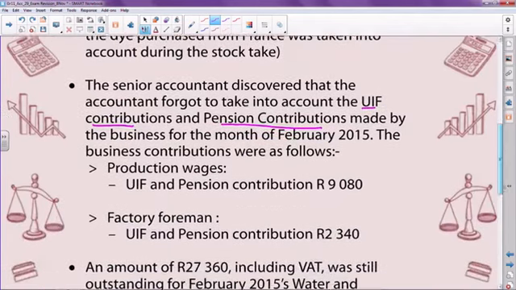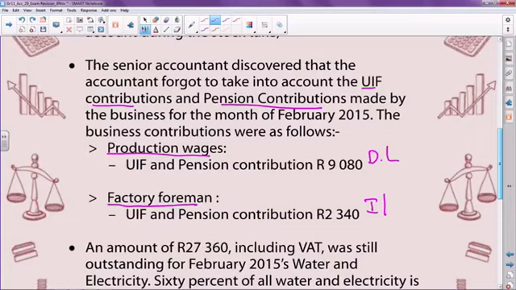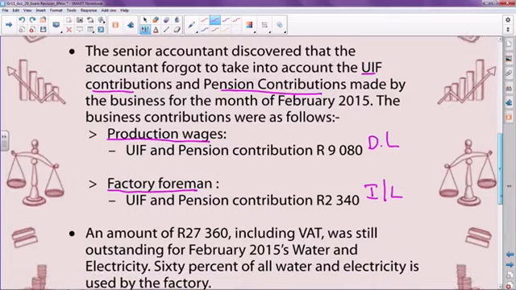So again, once more, this bit of information, production wages will obviously impact on direct labor. And the factory foreman, remember, he obviously is not involved in making the product or manufacturing the product. He walks around, he checks that everything is being done. So this will impact on indirect labor or factory overheads. Okay, right, next bit of information.